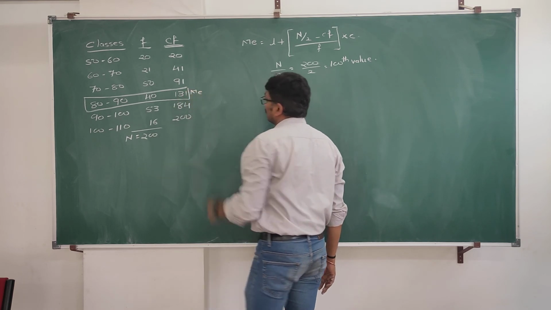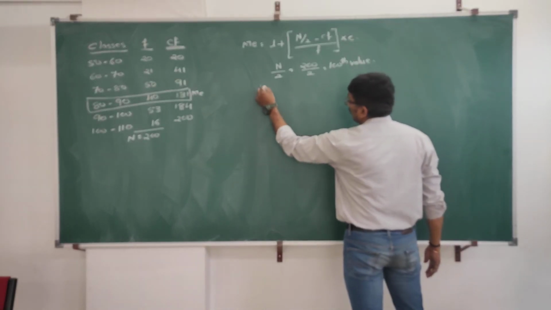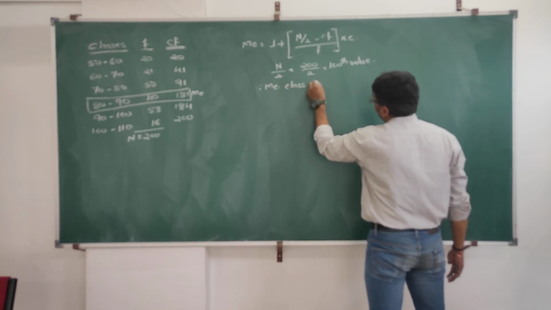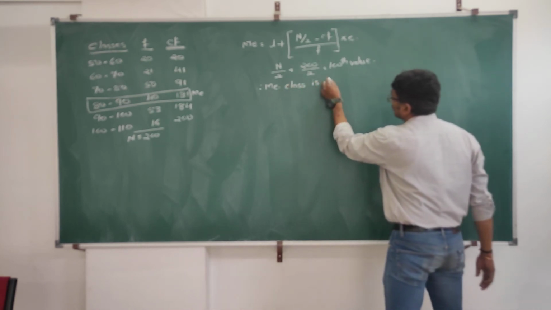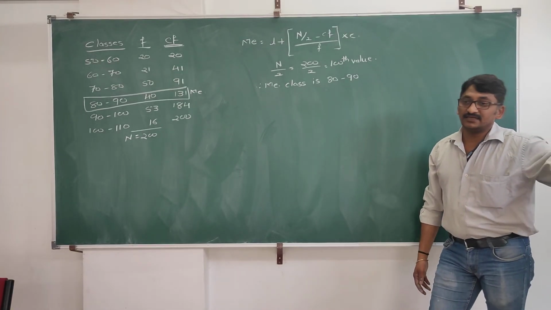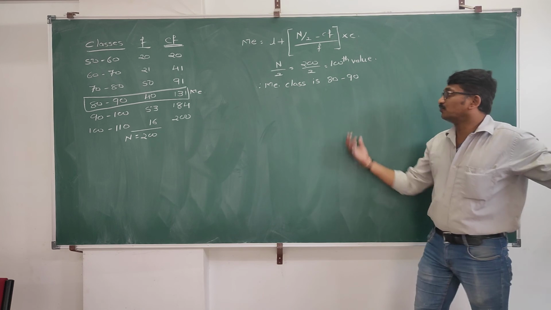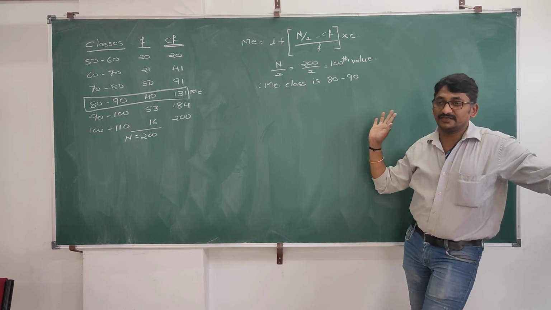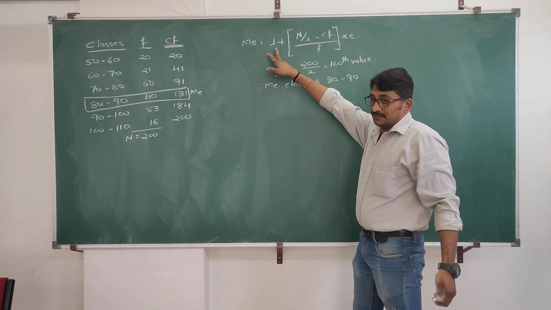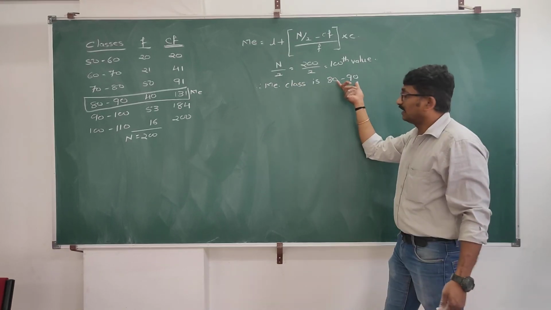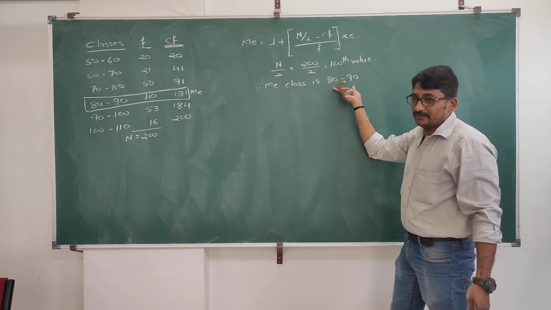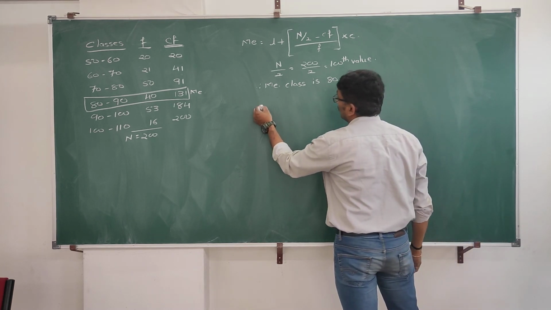So mark it right here as median. And below this you write, therefore median class is, what is the median class now? 80 to 90. Once you know median class, remaining terms are very simple. Now what do you mean by L? L is nothing but lower limit of median class. Median class 80 to 90, the lower limit is 80.